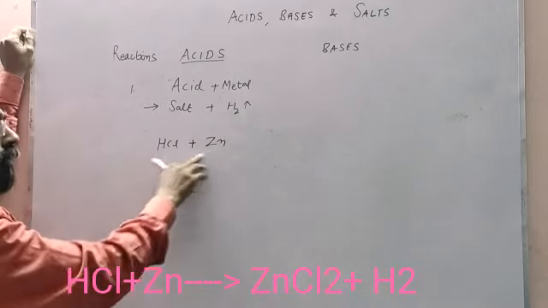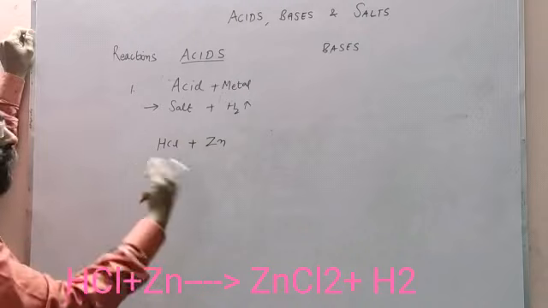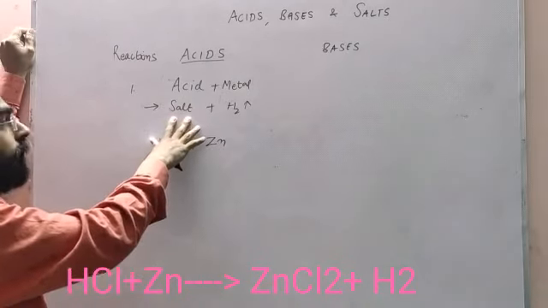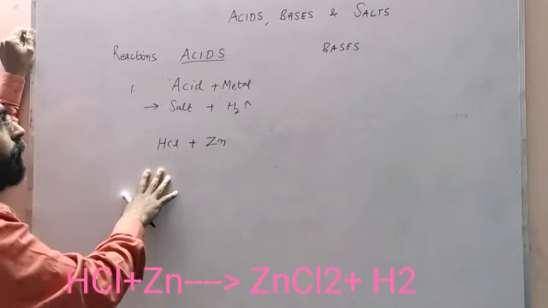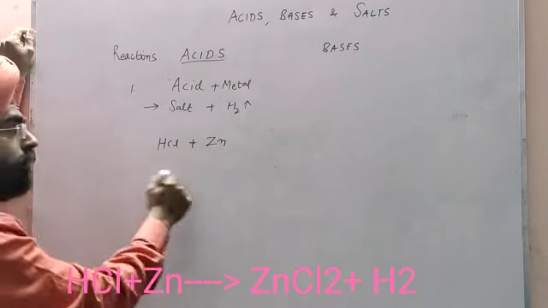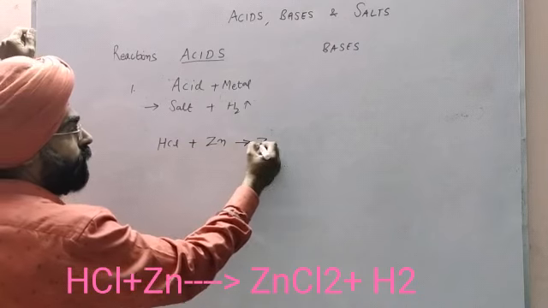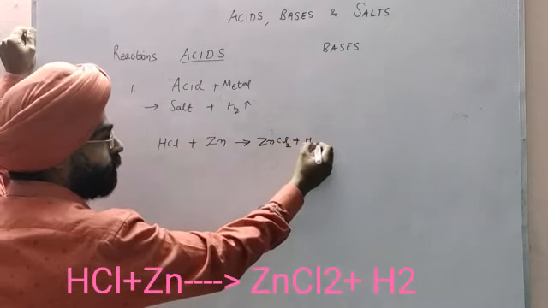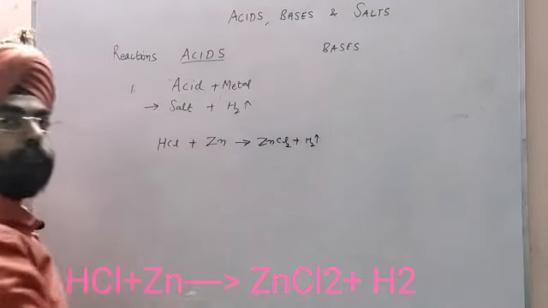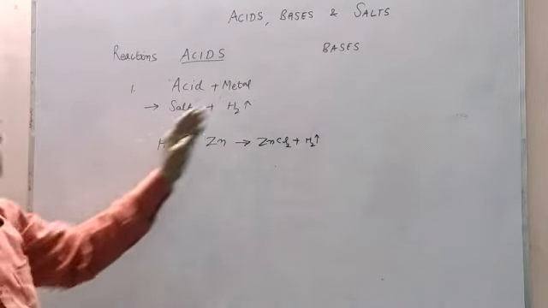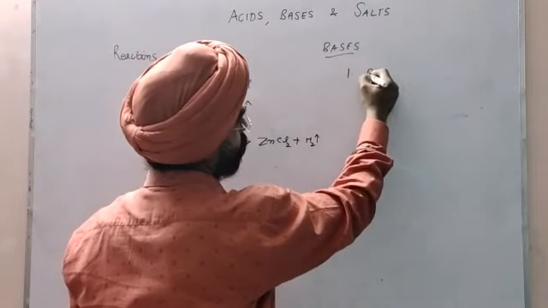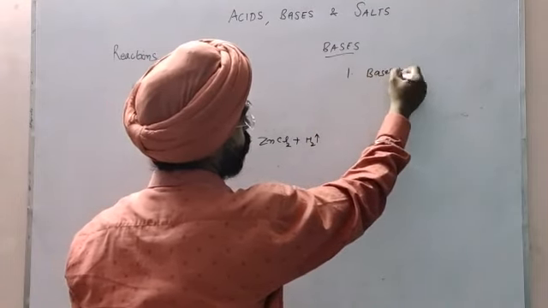Whenever zinc reacts with hydrochloric acid, salt will be formed. This is the fundamental logic behind acid reacting with any metal. It will form zinc chloride, ZnCl2, plus hydrogen gas is released. A similar reaction takes place when we react bases with metal.